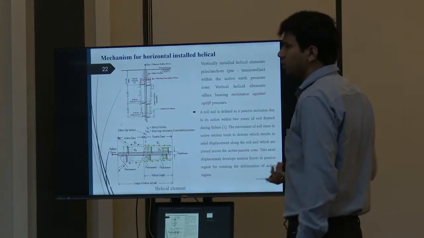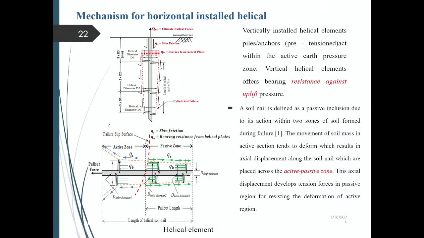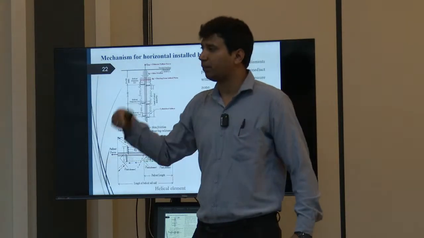There is a question people always ask: what is the difference between a helical pile and a helical nail? Normally a helical pile acts in one zone, the active zone, and offers resistance against uplift.